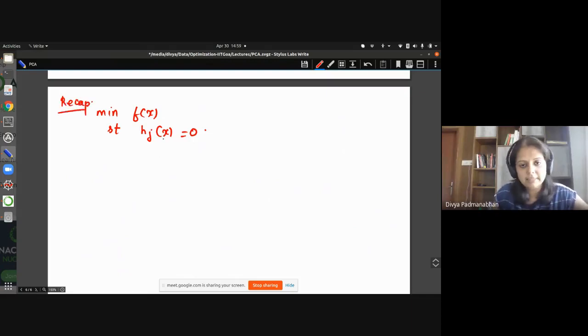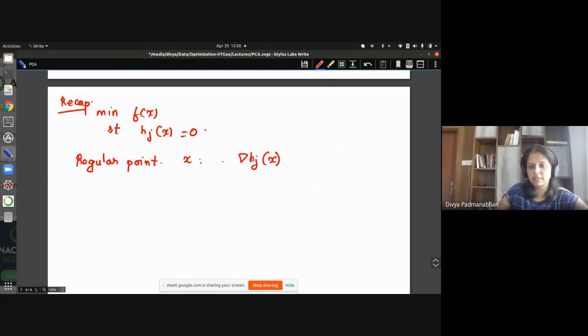For a regular point, a point x was called a regular point if you took the gradients with respect to x, for j equals 1 to capital J, so many constraints. You compute the gradient of h1, the gradient of h2 of x, and like that up to the gradient of h capital J of x, and you want this set of vectors to be linearly independent.